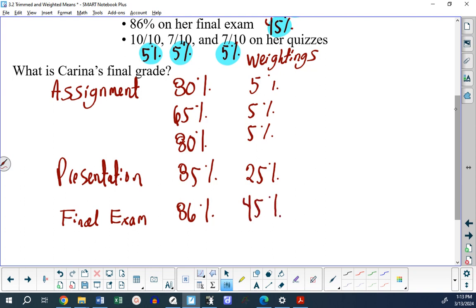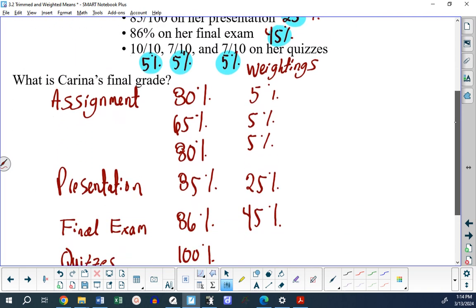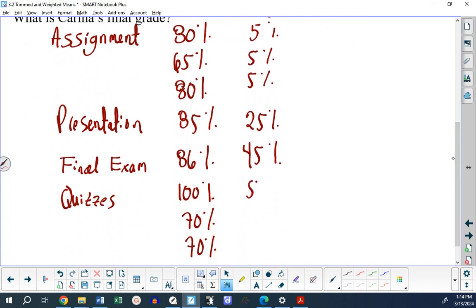And the quizzes are 100, 70, and 70, weighted at 5% each. I better double check that. 100, 70, and 70 at 5% each.